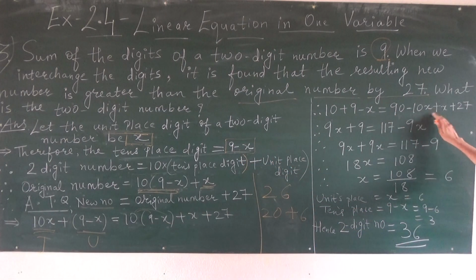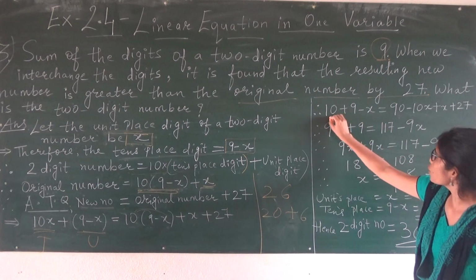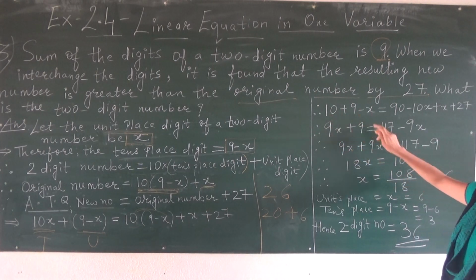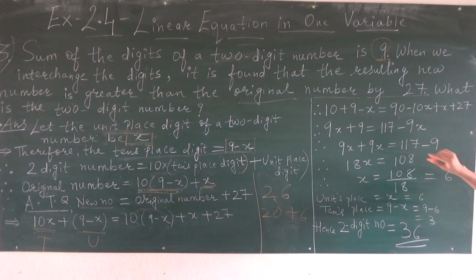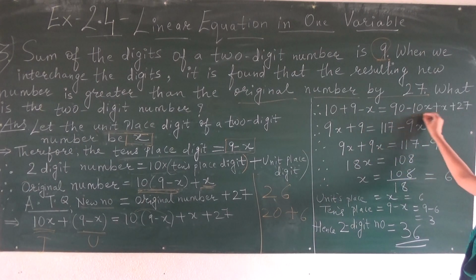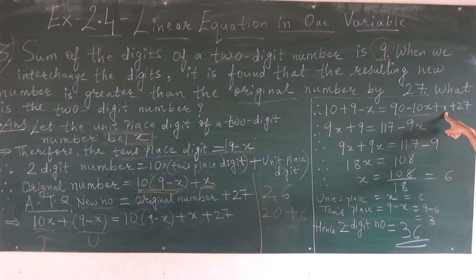So 90 minus 10x plus x plus 27, this is our equation. Now we need to add like terms: 90 and this 10x. Here 10x and this x, minus 10x and x will be minus 9x, and 90 plus 27.